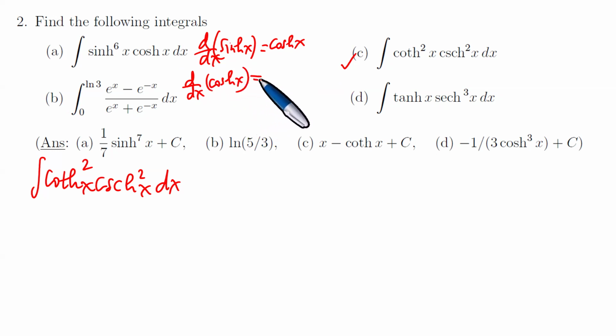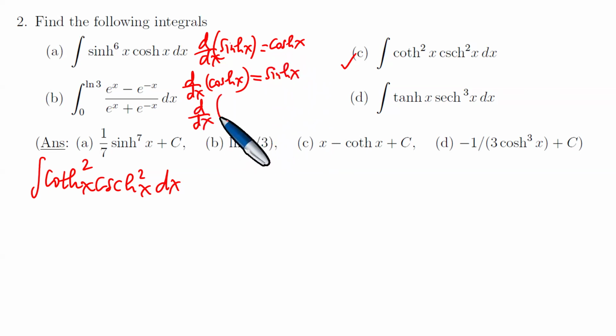The derivative of the cosh is the hyperbolic sine. We can prove these things, but in the assessments, it's very important that you're able to remember them. These have no minuses. The cosh and the hyperbolic sine, just remember that nothing tends to a minus.